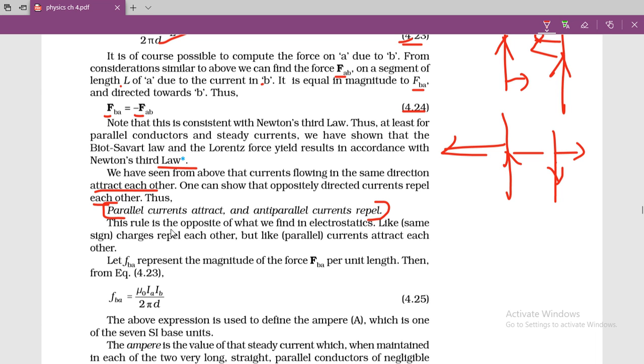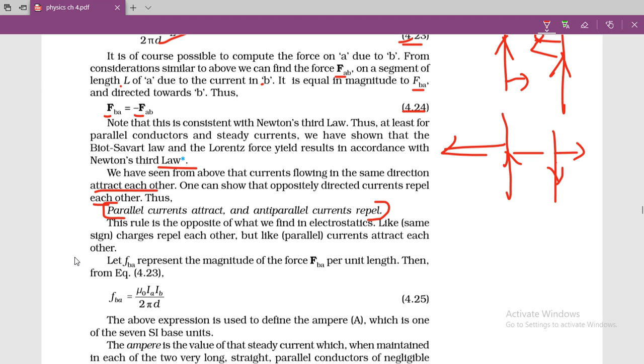This rule is the opposite of what we find in electrostatics. It is opposite in the sense that if two charges are alike, then there is repulsion, whereas if two currents are in the same direction, there is attraction.